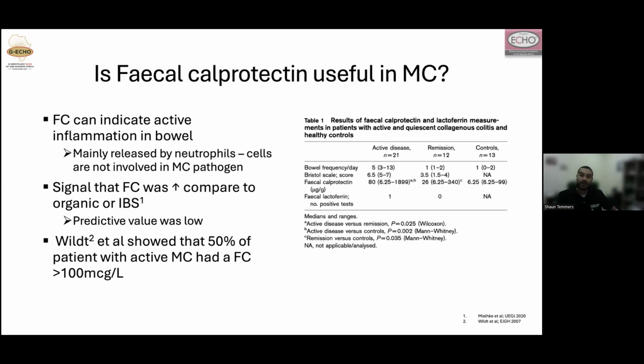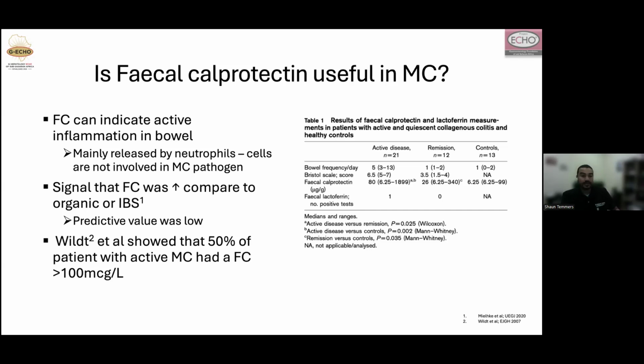What about the use of fecal calprotectin in the setting of a patient with microscopic colitis? Well, if you look at the pathophysiology of the disease, fecal calprotectin is mainly released from neutrophil cells, and that's not clearly involved within the pathogenesis of microscopic colitis. It does signal that there might be an organic component in patients with irritable bowel syndrome, but its predictive value is quite low.